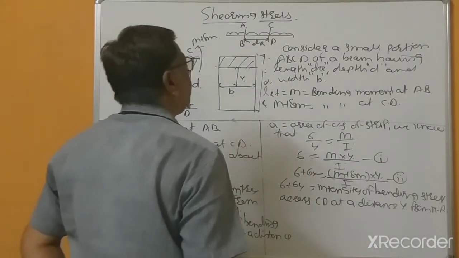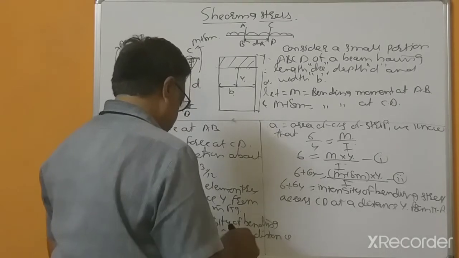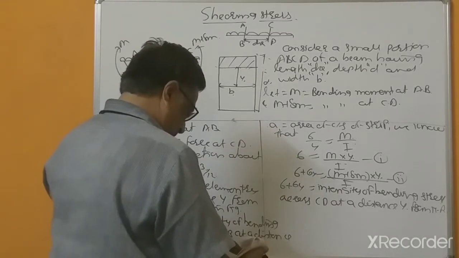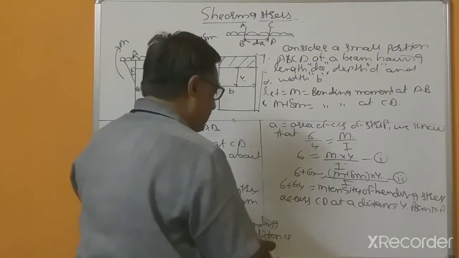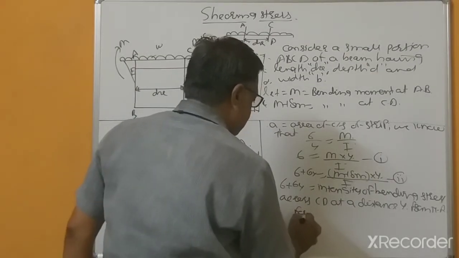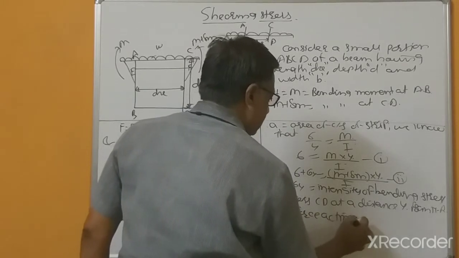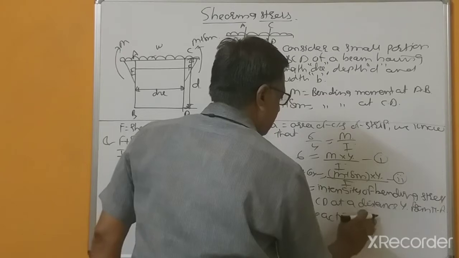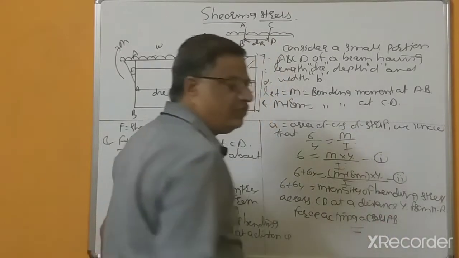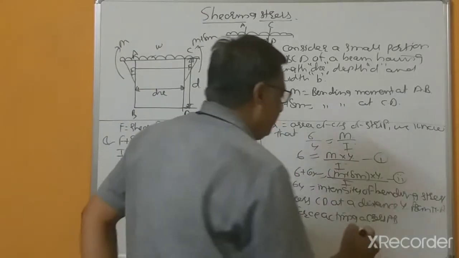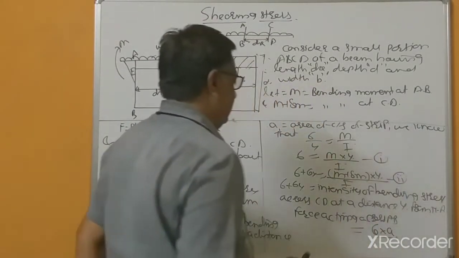So the force acting across AB is nothing but stress multiplied by area.